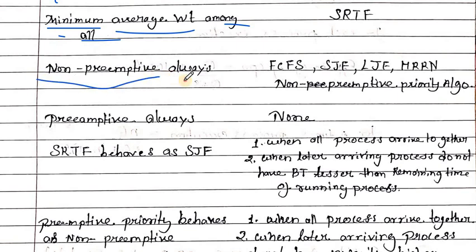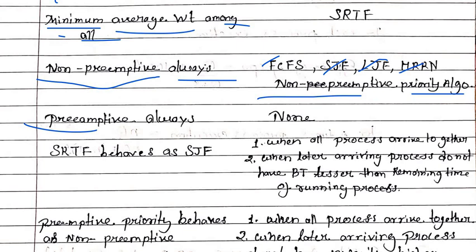So in non-preemptive, which processes are always non-preemptive in nature? FCFS, SJF, LJF, HRN, and non-preemptive priority algorithms. These are always non-preemptive in nature. No process is preemptive always.